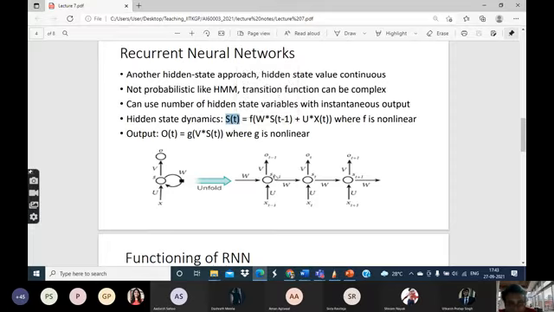Okay, so you had s t minus 1 from the previous state, and you get xt, the current observation. Using these two, you calculate the current value of the state variable st, and if you want, this is not necessary, you can also have an output at this time point which is some function of the state variable.